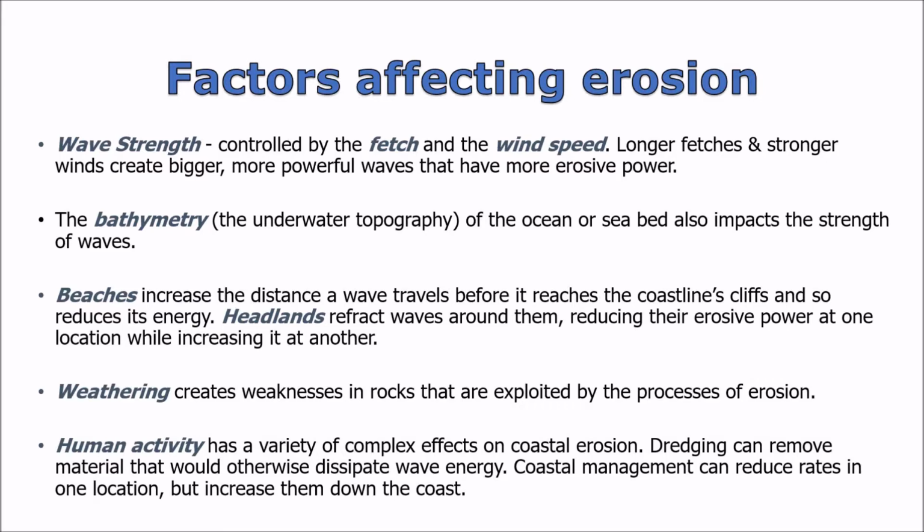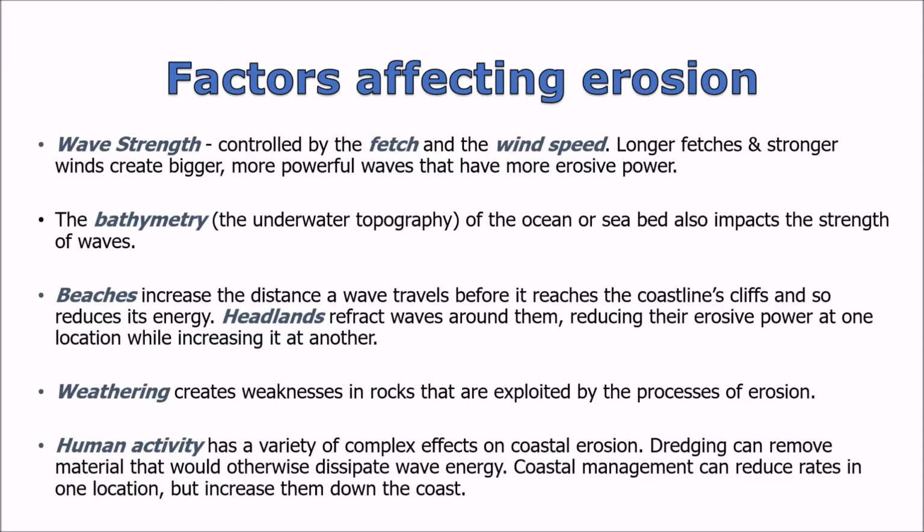The final factor that has an influence on the speed of erosion is human activity, and this can be quite complex depending on what is actually happening. So in some cases, activities such as dredging, where we remove material from the seabed, that material would normally dissipate wave energy, so if we remove it, then that wave energy is going to be higher.